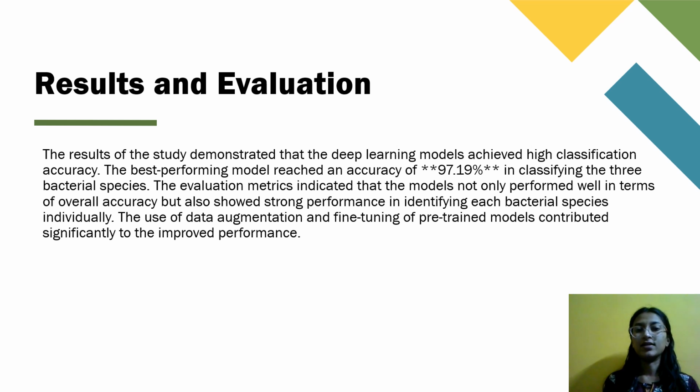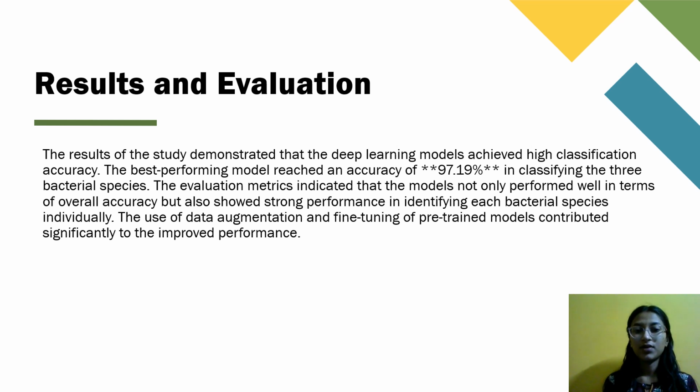Then finally, the results and evaluation. The study demonstrated that the deep learning models achieved high classification accuracy, and the best performing model reached an accuracy of 97.19% in classifying the three bacterial species.